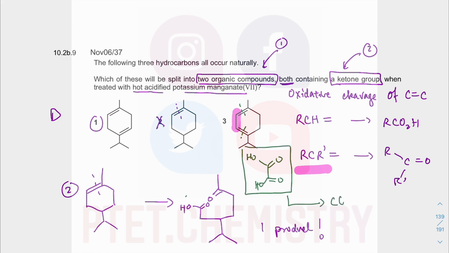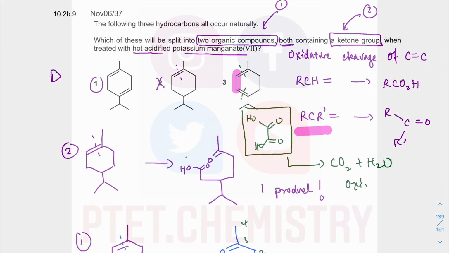But what you get is CO2 and H2O because you get oxidation of ethane dioic acid. So have a look through your syllabus and you will see that in the presence of extreme conditions, this would not survive. You would not be able to get this because this will be further oxidized all the way to CO2 and H2O.